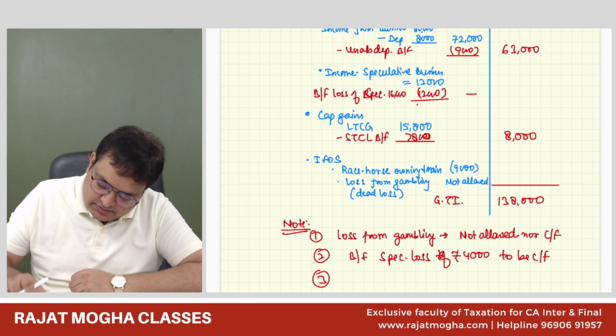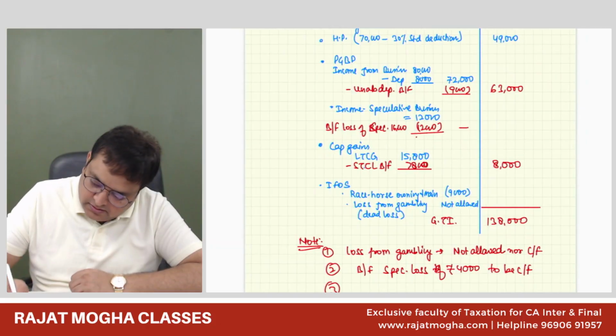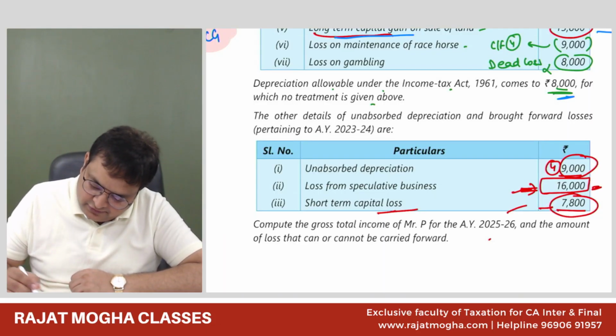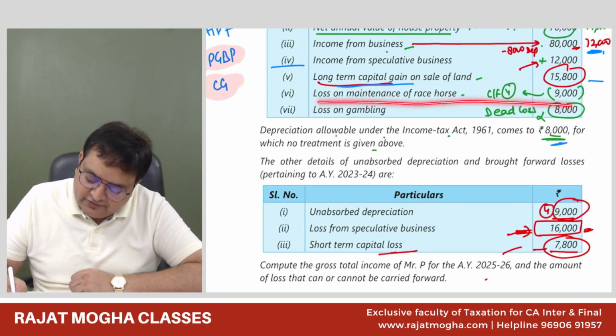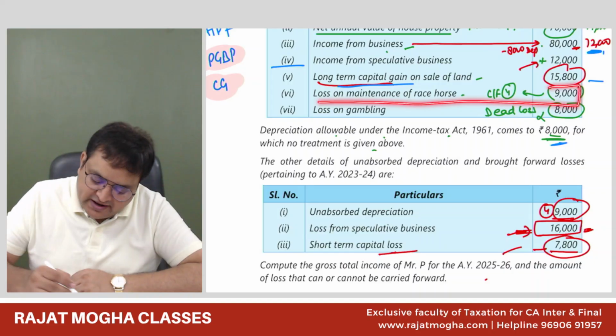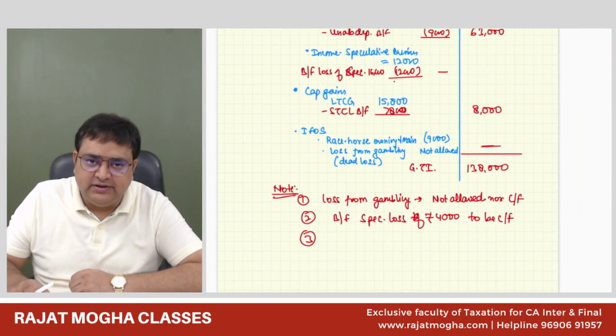Third, there is a loss of maintenance of race horses also, 9,000 rupees. We have not taken it outside because it cannot be set off against other income.